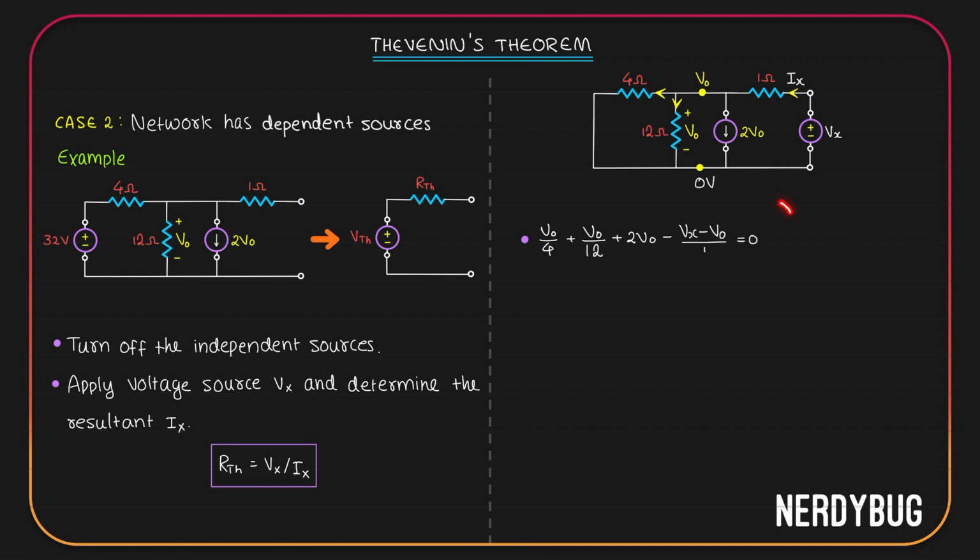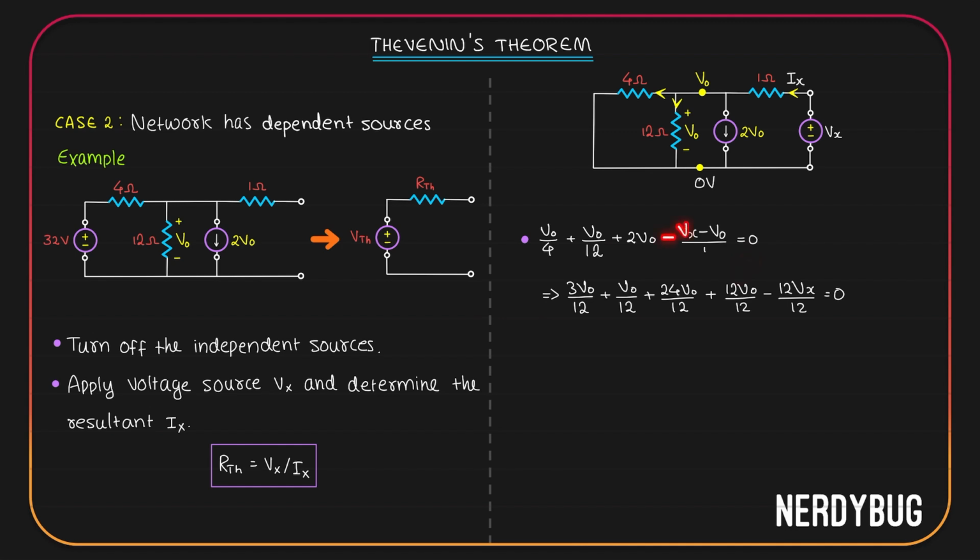If we simplify this equation, we'll get a relation between V0 and Vx. First, I'll write the equation like this. V0 by 4, I wrote it as 3 V0 by 12. V0 by 12 is still there. 2 V0, I wrote it as 24 V0 by 12. Minus V0 will become plus V0. I wrote it as 12 V0 by 12.